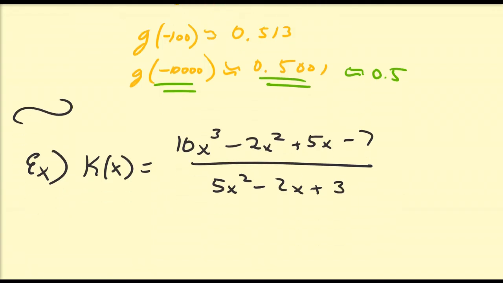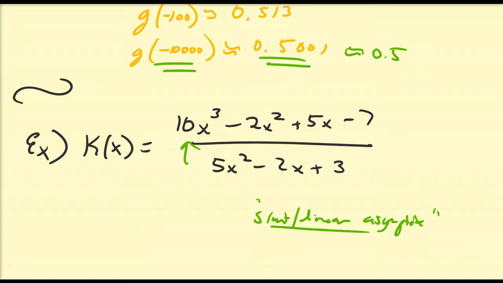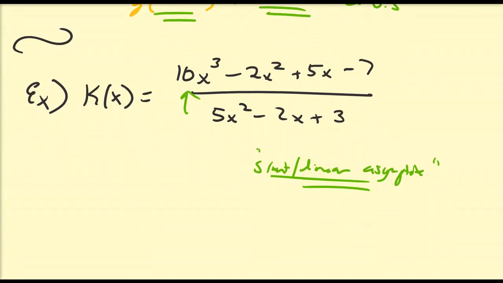So remember in the last example, we noticed that if we do long division on this expression, we're going to get a quotient that is a linear function. So this is going to have what we call a slant or a linear asymptote. Slant, S-L-A-N-T. Right? Because the difference between these two degrees is equal to 1 and the top is bigger than the bottom.